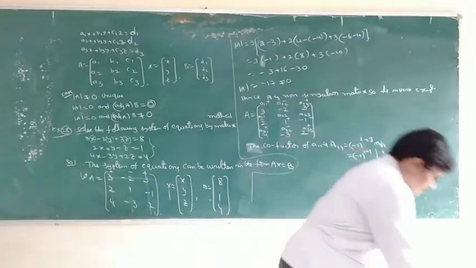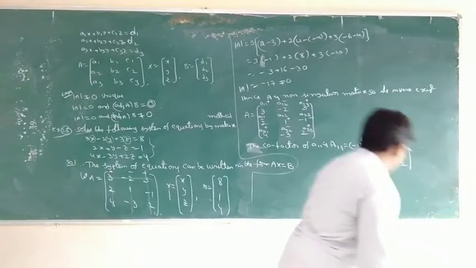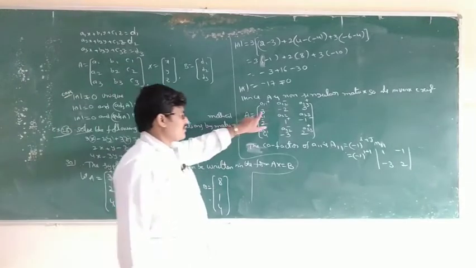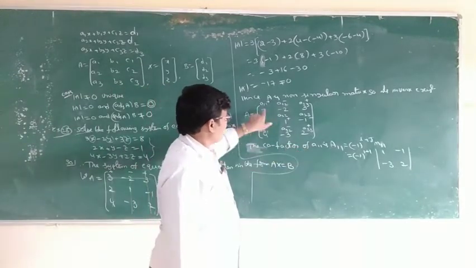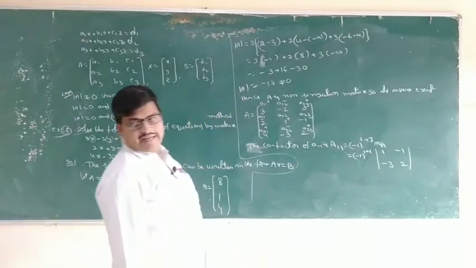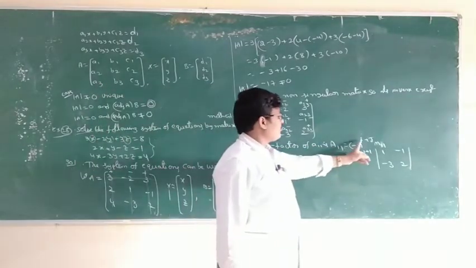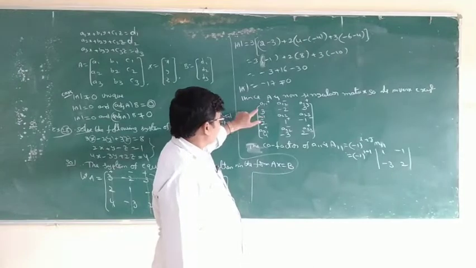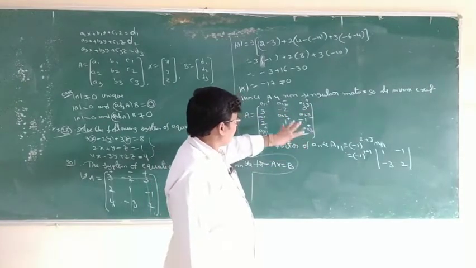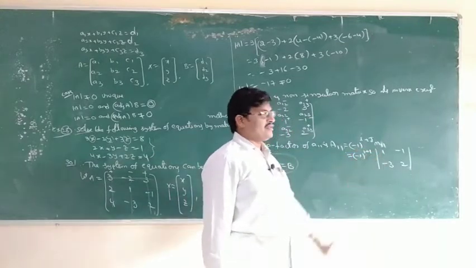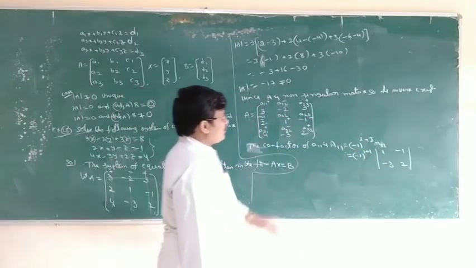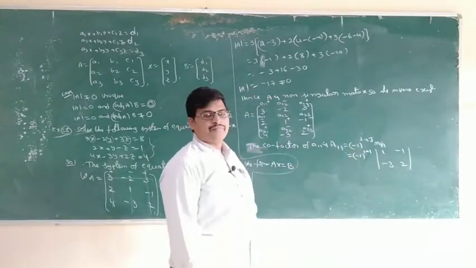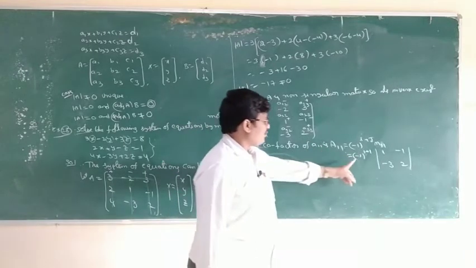Listen carefully. Minor of each element in the matrix A. This is the first matrix element, A11. The cofactor is nothing but capital A, with the formula minus 1 whole power i plus j into M11. So what is the minor? The minor is the determinant of the remaining 2 by 2 matrix after deleting that element's corresponding row and column. Here i is the row and j is the column, the position of the element: first row, first column, so minus 1 whole power 1 plus 1.